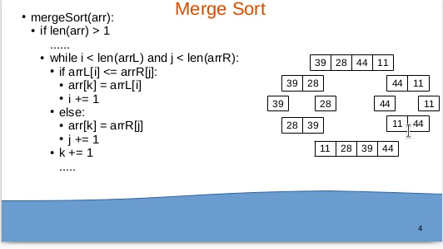So this will be compared with this, so this will become here, i will be incremented, then i will be here, this one is compared with this, so this will be here, and then this function is completed.